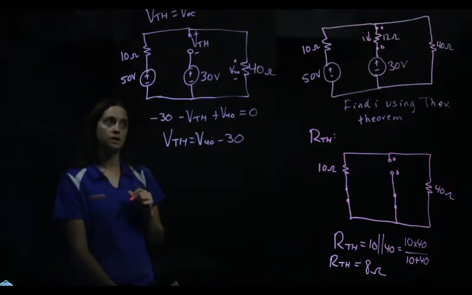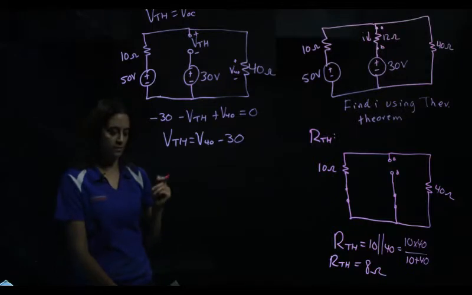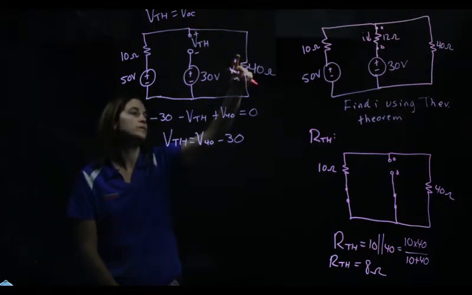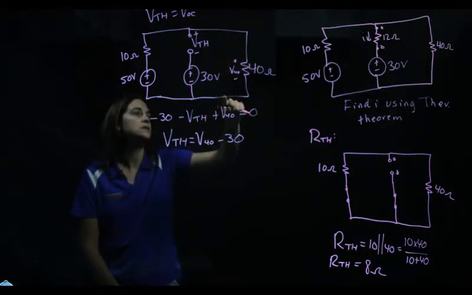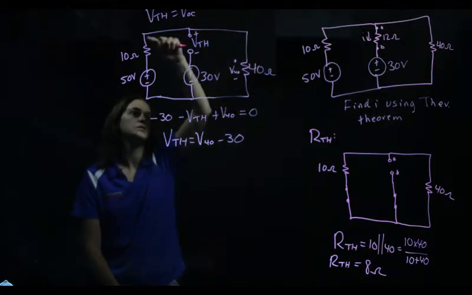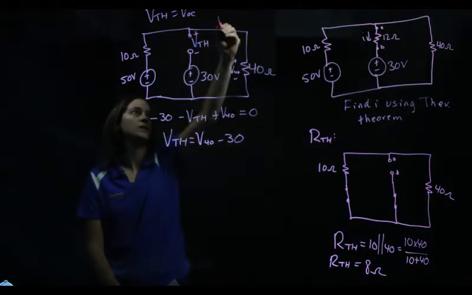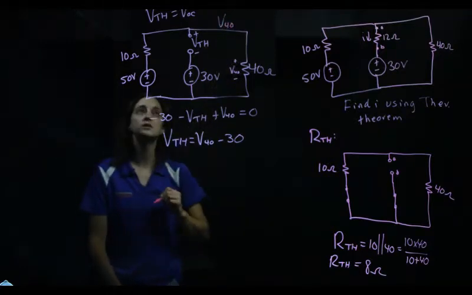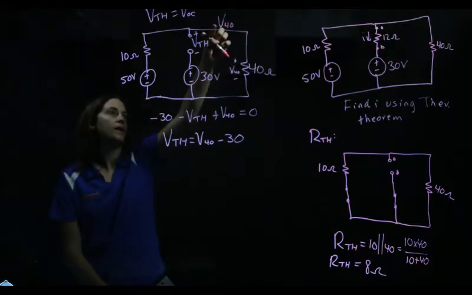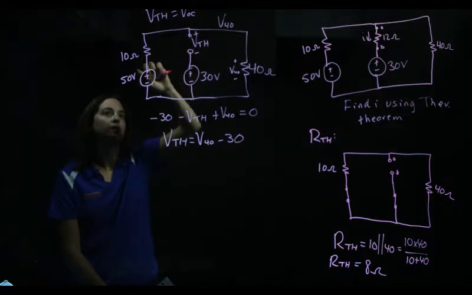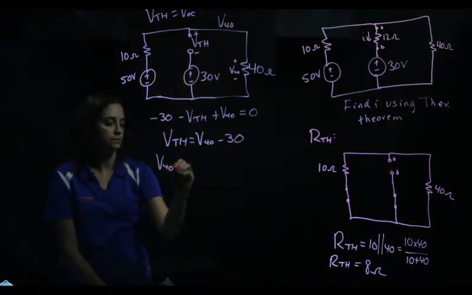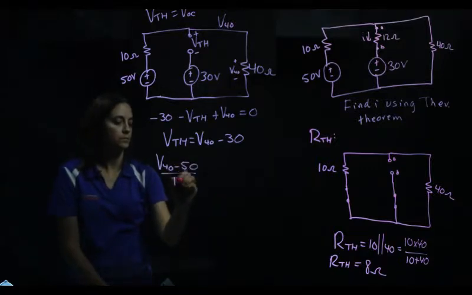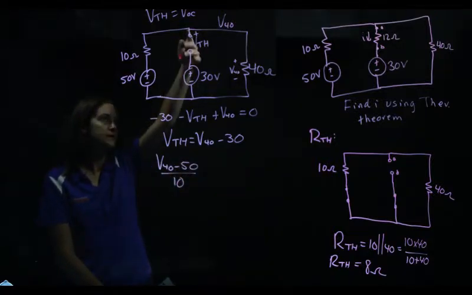So I need my V40. How can I find that? Well, V40 is the voltage from here to here, so that's the voltage from this node down to here. So I can call this very top node up here V40 and do nodal. I have V40 minus 50 over 10. I don't do anything here.